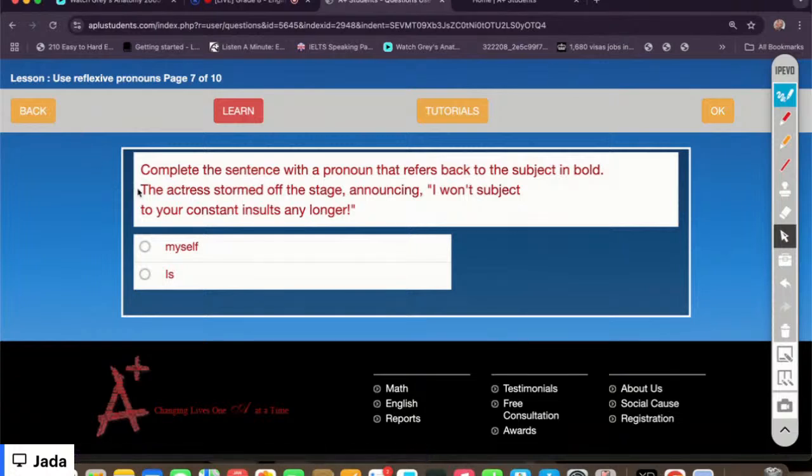Okay, the actress stormed off the stage announcing, "I won't subject myself to your constant insult anymore." So the actress stormed off the stage announcing, "I won't subject myself to your constant insult anymore."